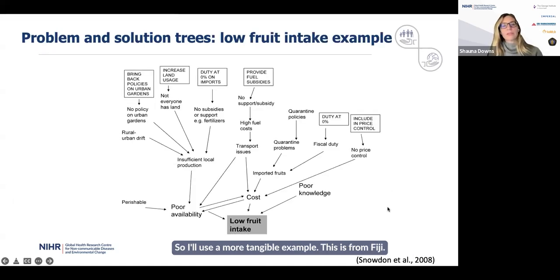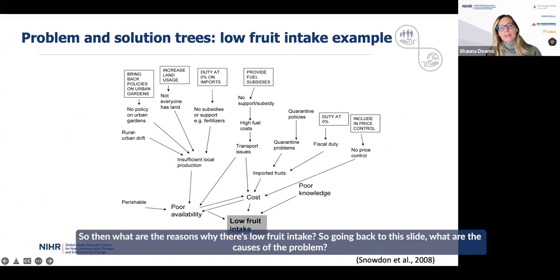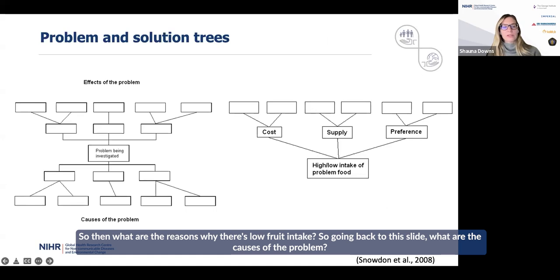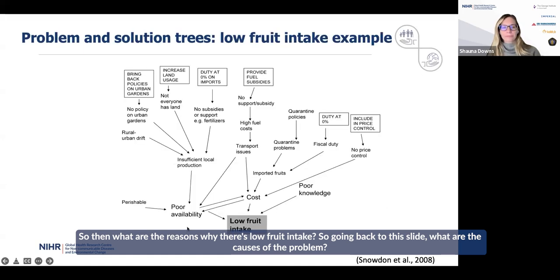So I'll use a more tangible example. This is from Fiji and Wendy Snowden's work. The problem is low fruit intake. So what are the reasons why there's low fruit intake? Going back to this slide, what are the causes of the problem?